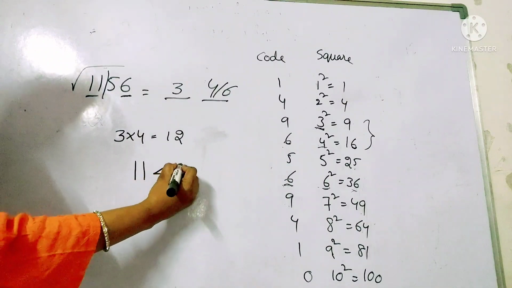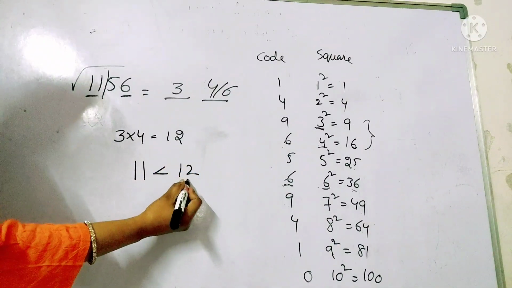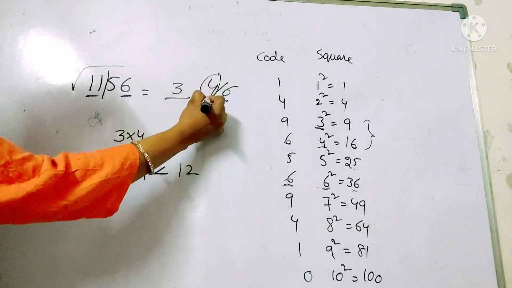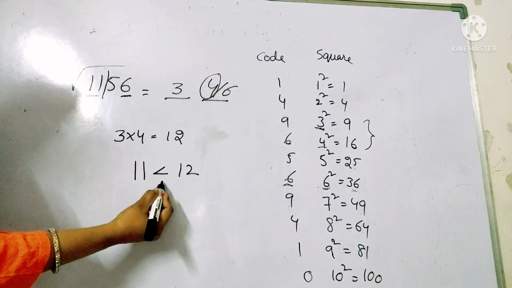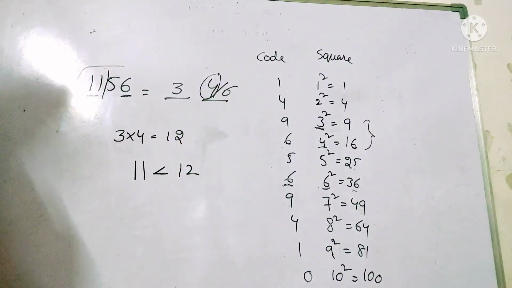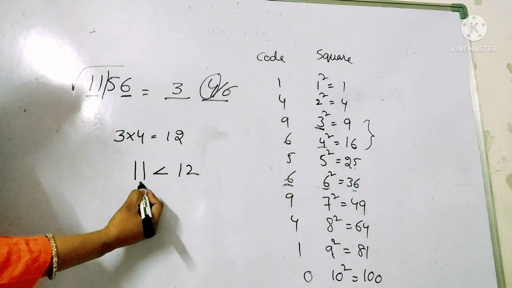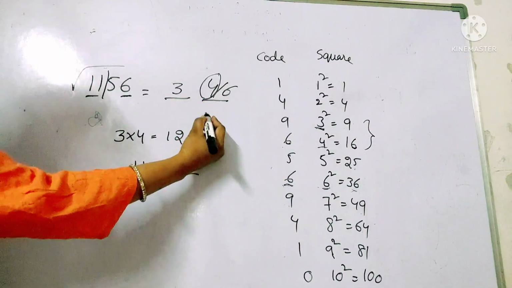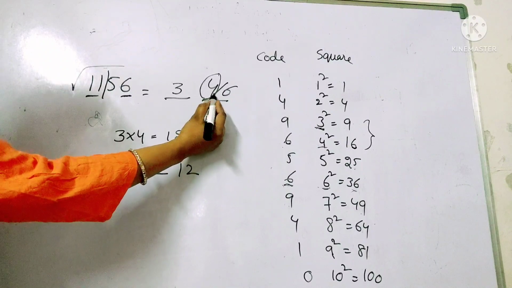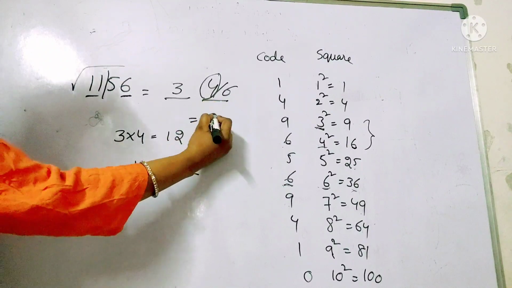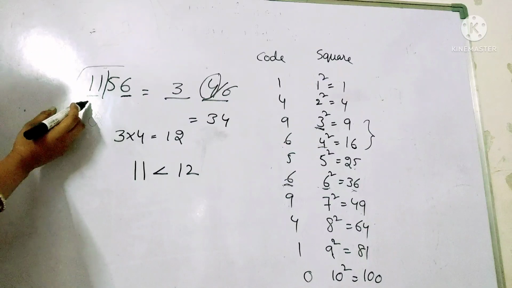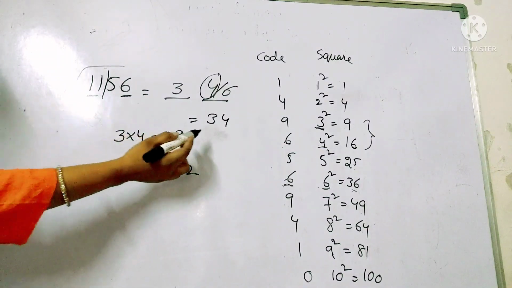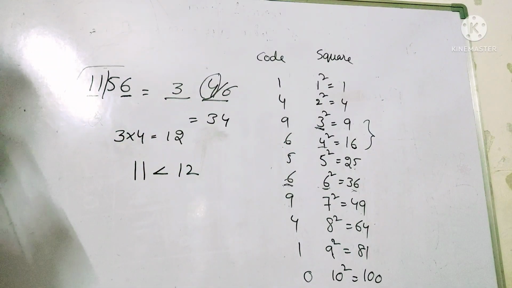It is less than 12. If it is less than, you have to go for the smaller value. If it is greater than, then you have to go for the higher value. Now here 11 is less than 12, so you select the smaller number among these two, that is 4. So the square root of 1156 is nothing but 34.